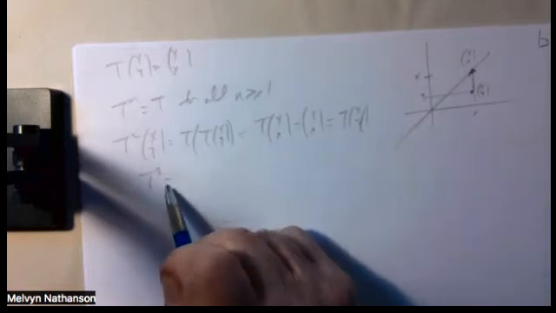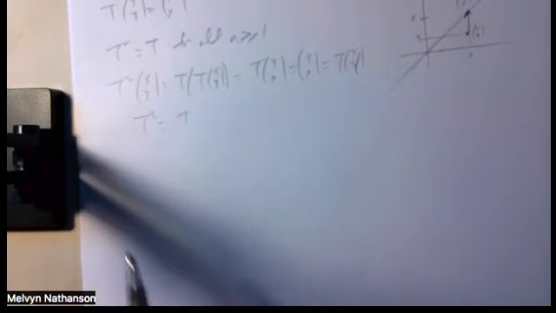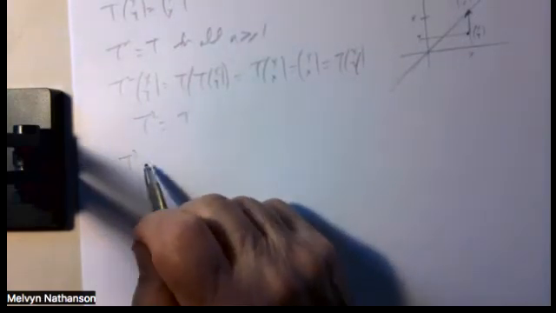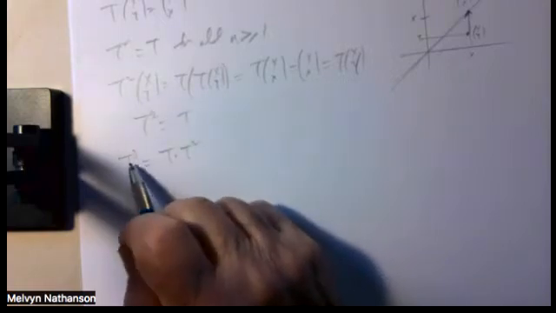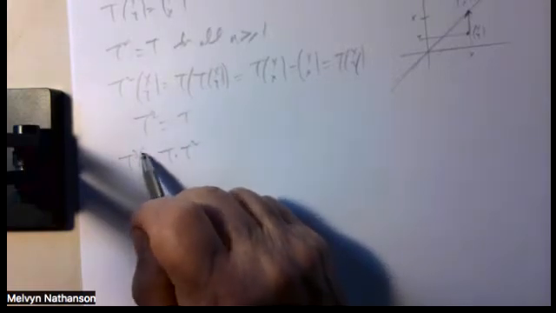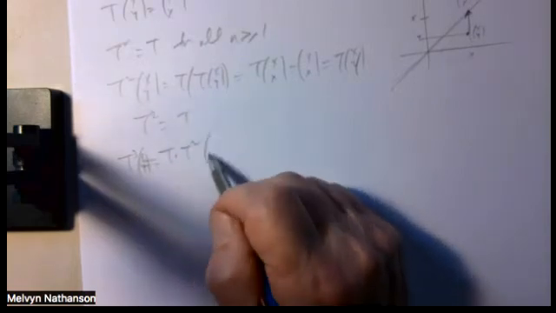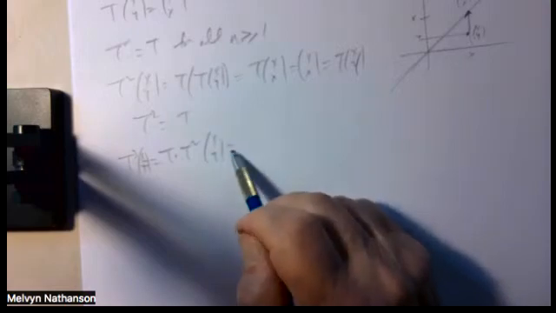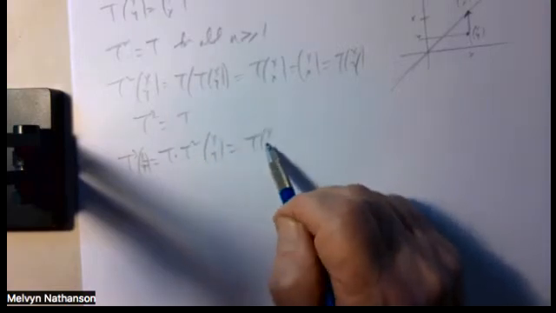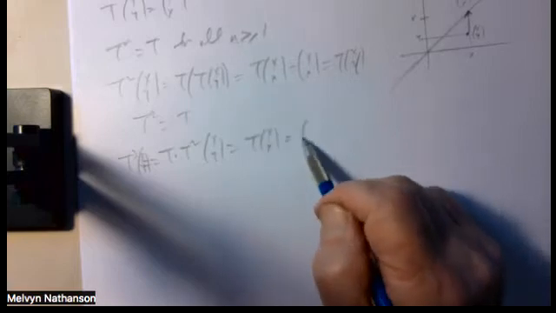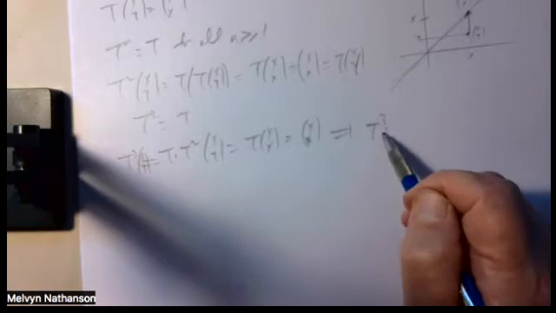So T squared equals T. What about T cubed? T cubed is T composed with T squared. So T cubed of XY is T composed with T squared of XY. T squared of XY is XX, and T of XX is XX. So T cubed equals T.